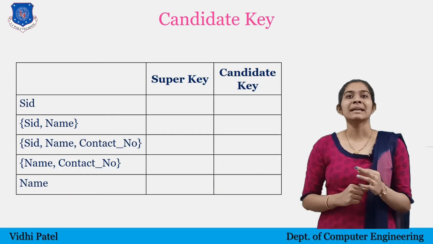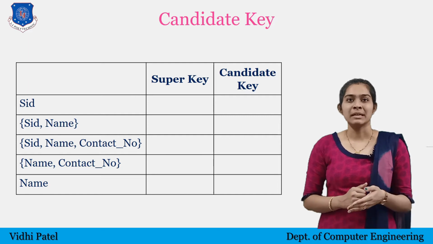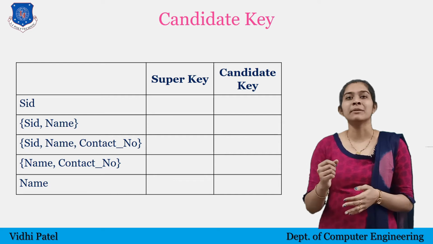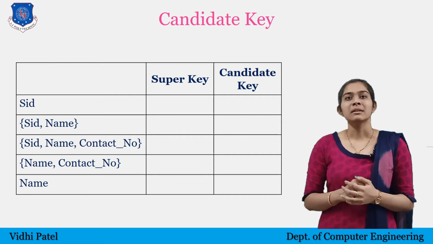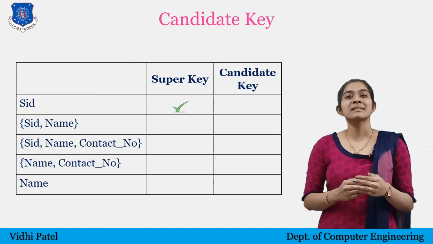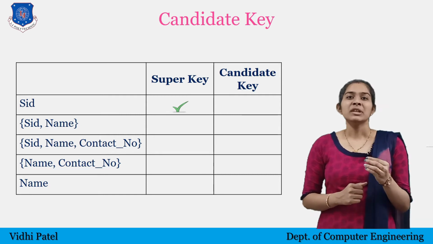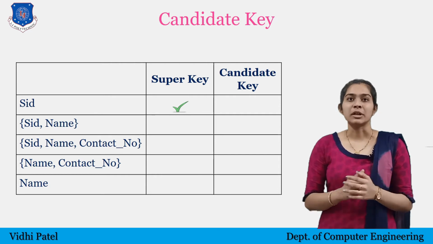Suppose I take an attribute and sets of attributes which are student ID, the combination of student ID and name, the combination of student ID, name and contact number, the combination of name and contact number, and the name. Here, student ID is a super key. As discussed in the super key, any combination of student ID with any other attribute is a super key for that relation student.